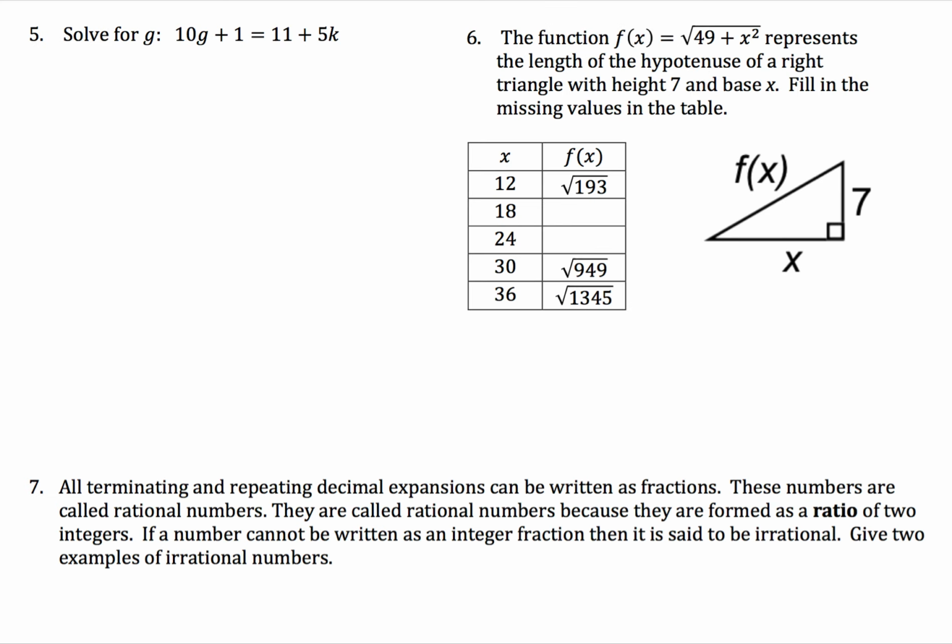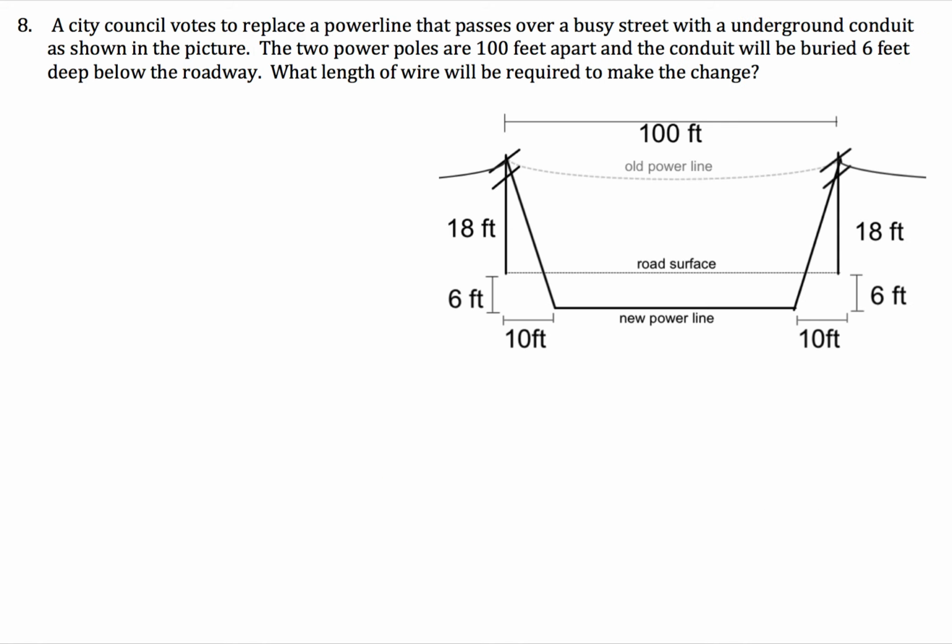Number 5, solve for g. 6 is a function dealing with the Pythagorean theorem. You just need to fill in the table. 7 has you give me a couple of examples of irrational functions. And 8 is a situation problem where you need to find the length of cable needed to replace the overhead line with one that goes under the street.